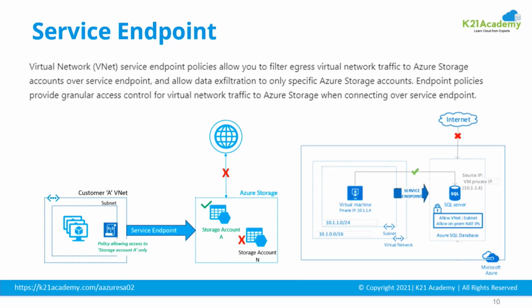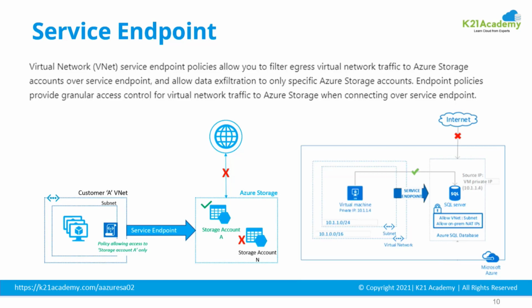It could be various other services that need to be accessed from a virtual machine. They provide a much more granular way to control what you can access and how that access happens securely over the network.